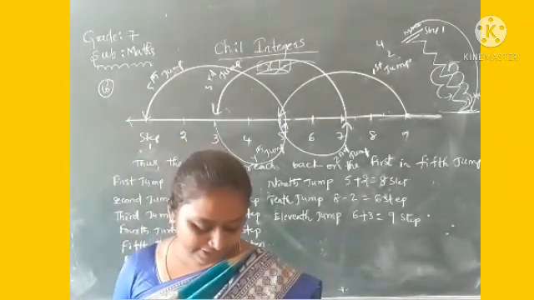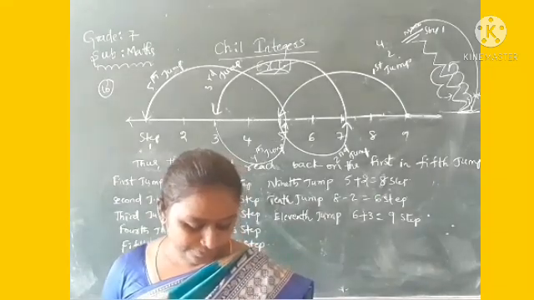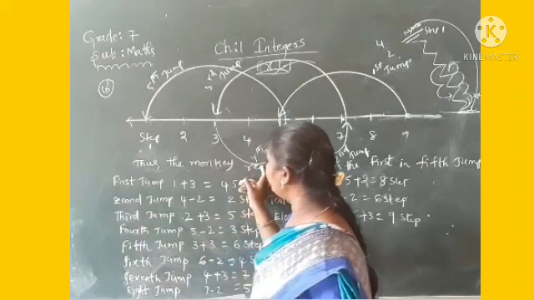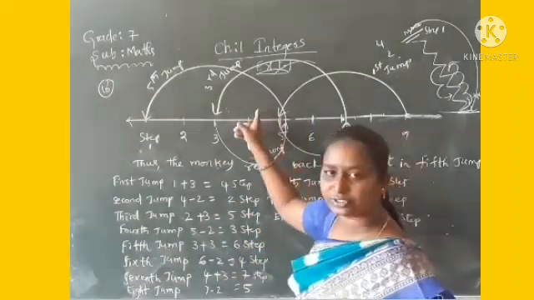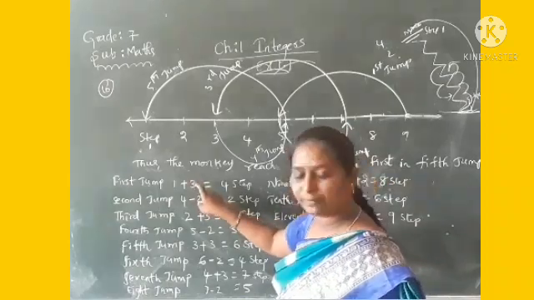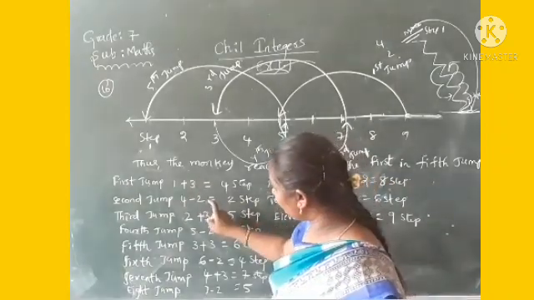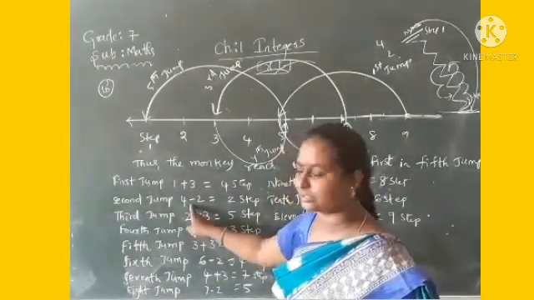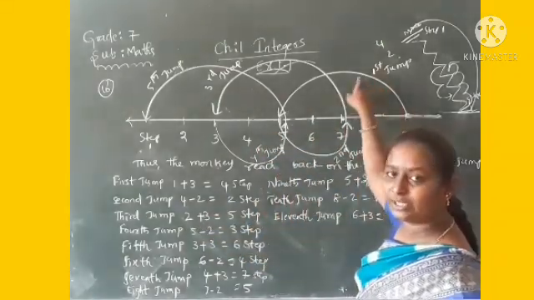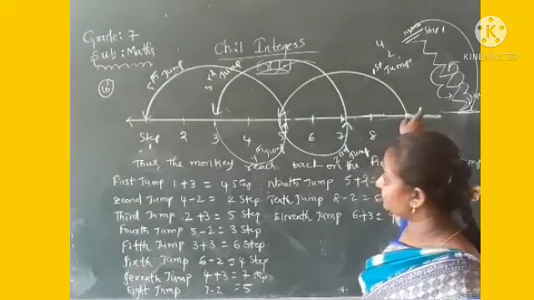So what will the sum 8 in B represent? If you observe in the step 1 and step 2 conditions, the monkey comes down 3 steps and back up 2 steps. In the second question, 4 steps up, 2 steps down.